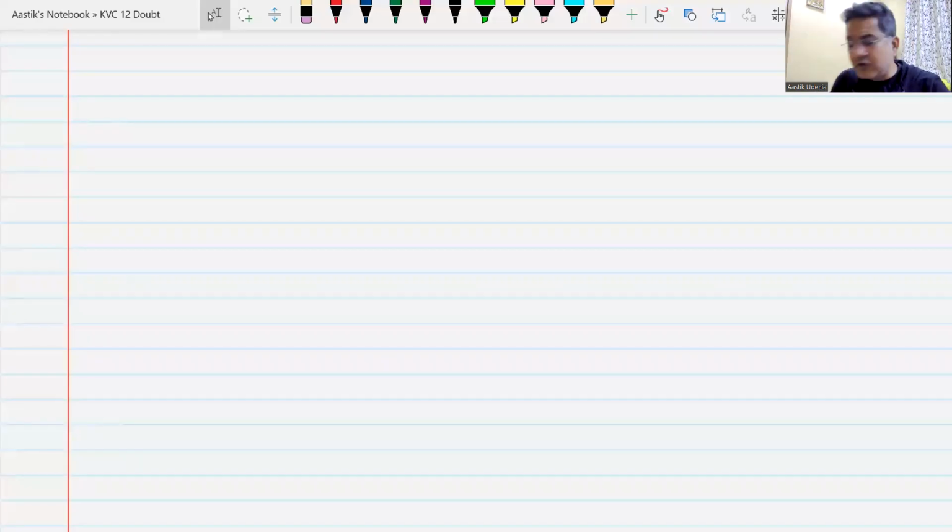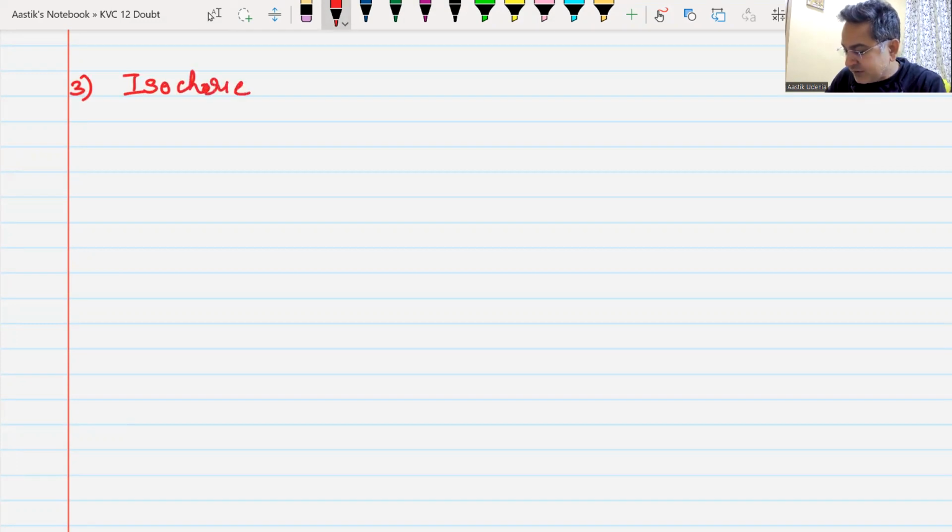We will now move on to the third type of process, which normally I do as the first process. The third type of process is known as the isochoric process. Sometimes you may also call it an isometric process. What is an isochoric or isometric process?